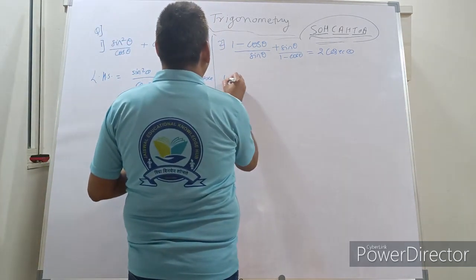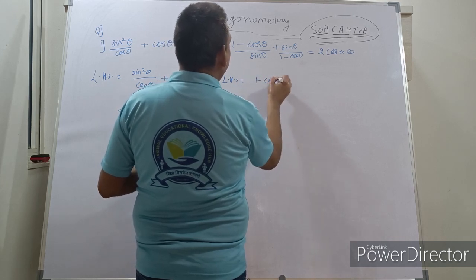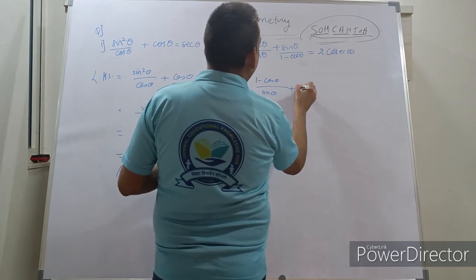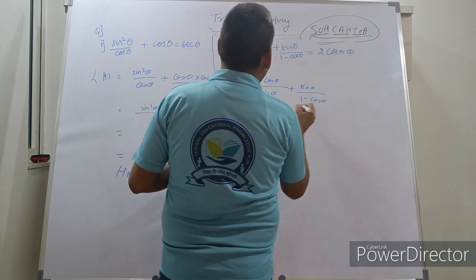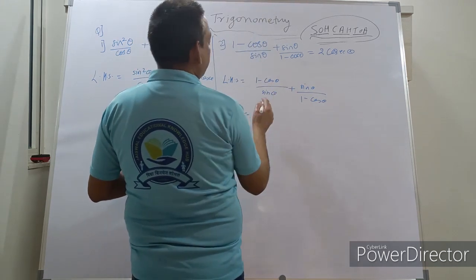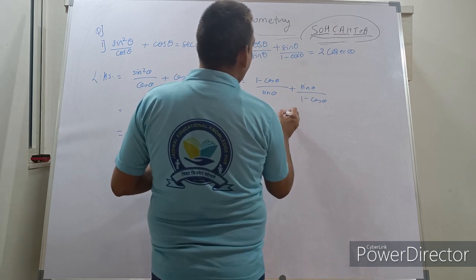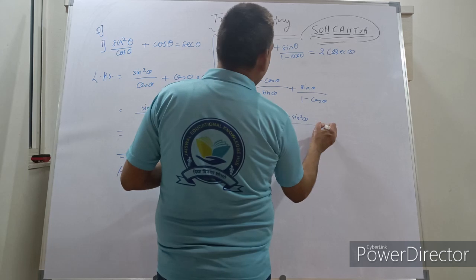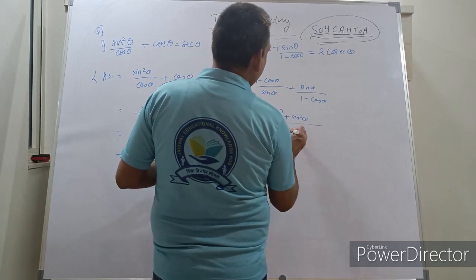The LHS, left hand side, is equal to 1 minus cos theta upon sin theta plus sin theta upon 1 minus cos theta. So we'll take the LCM, so this becomes 1 minus cos theta the whole square plus sin square theta, whole thing upon sin theta into 1 minus cos theta.